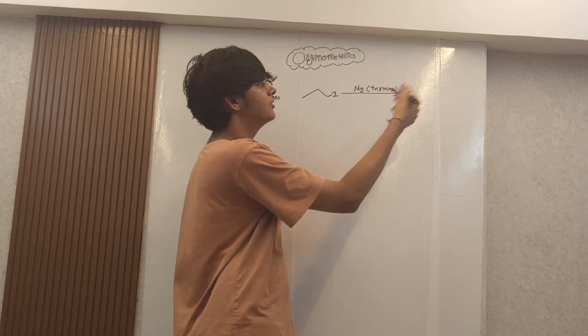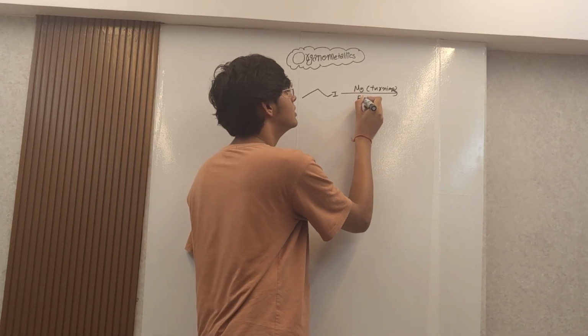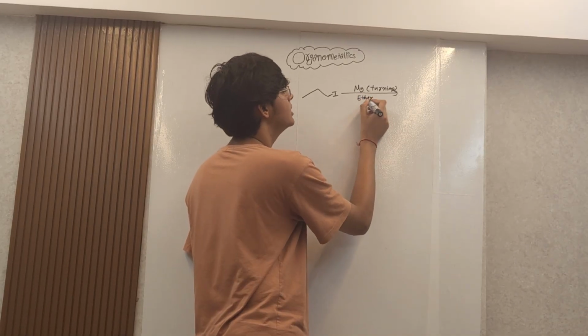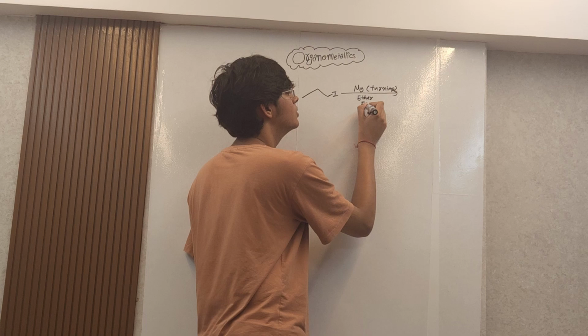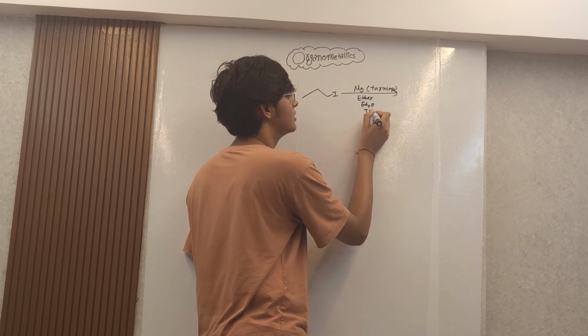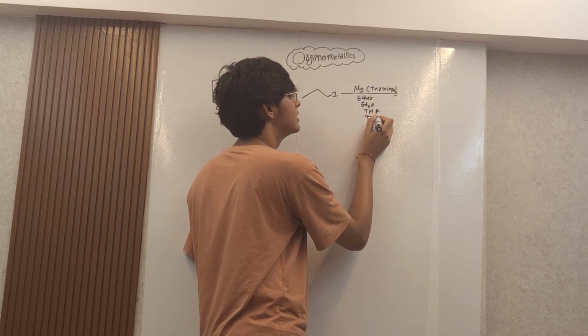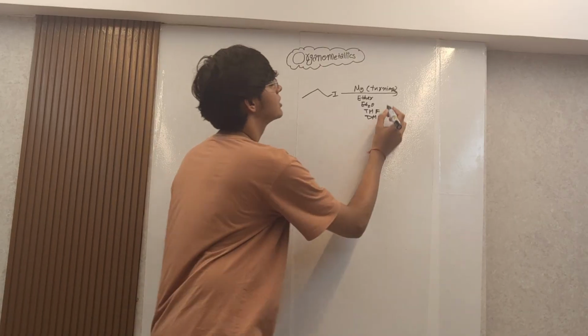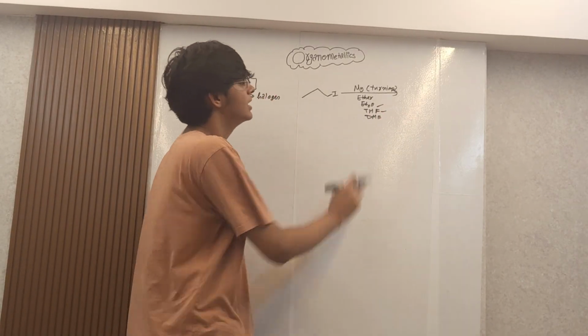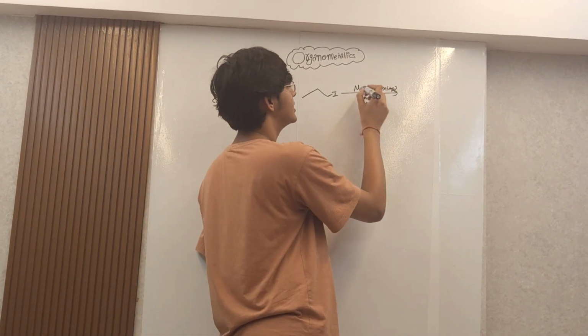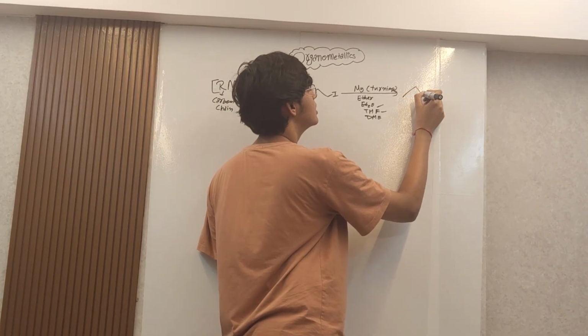So to stabilize the product, we would need an ether. This ether can be Et2O or THF or DME, any one of these. I'll go with THF and Et2O. Just pick one.